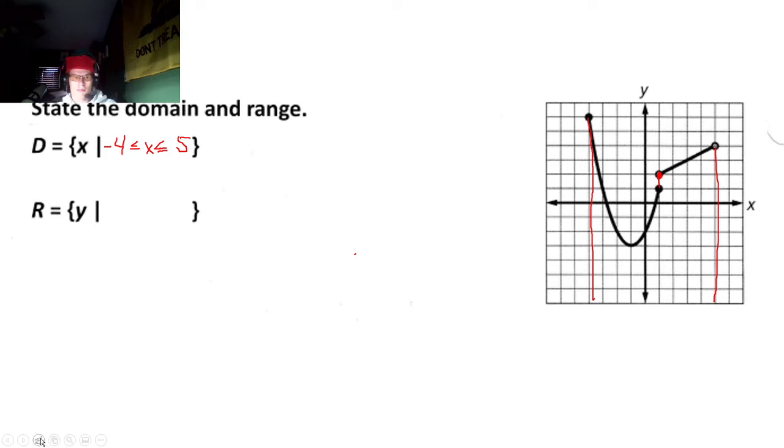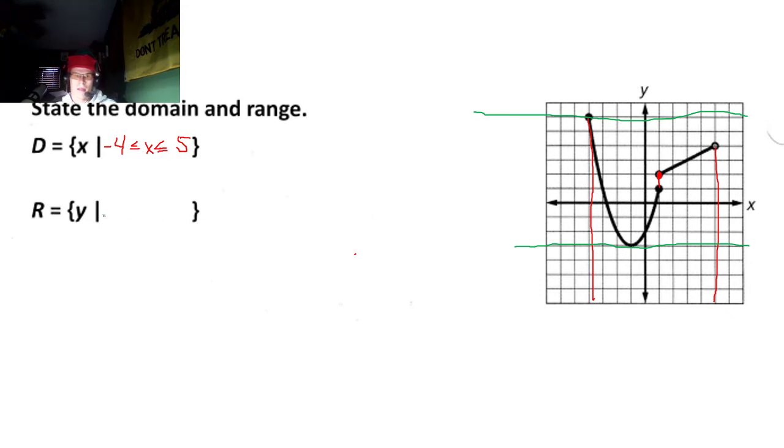Now let's take a look at your range. We're going to get a different color for your range. Your range, your top value is here, and your bottom value is here. You look at the horizontal lines for your range. So we don't have to worry about this line here compared to this line because all the values of the range for this line include the values of the range for this line. So we can just write the top value here and the bottom value down here.